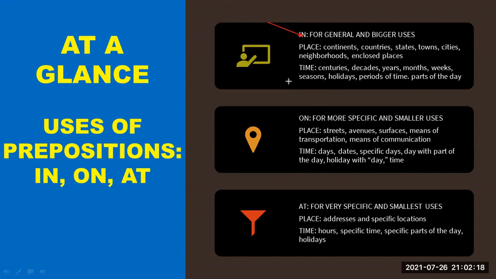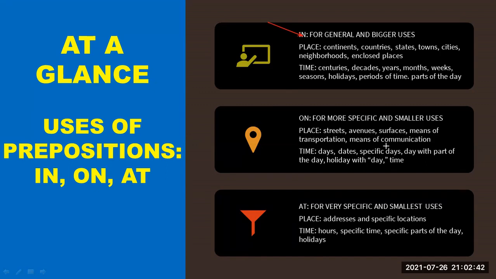Now, the preposition on is for more specific and smaller uses. For example, talking about place, you should be using on for streets, avenues, surfaces, means of transportation, and means of communication.